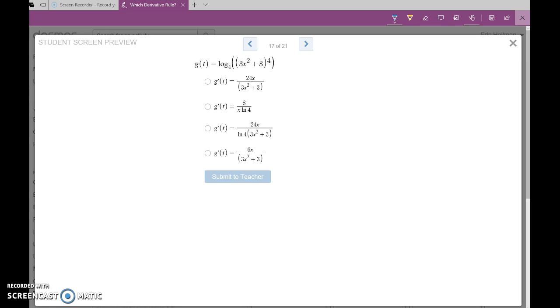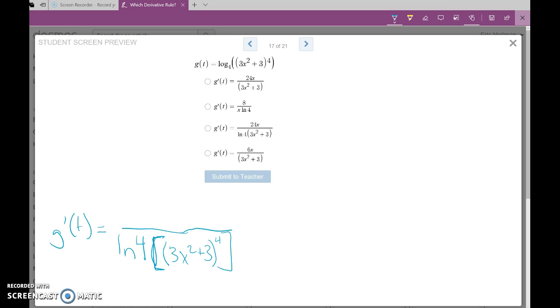So let's get started. The derivative of the outermost function, which is log base 4, is one over natural log of 4 times what was originally inside the log function, so 3x squared plus 3 to the 4th.